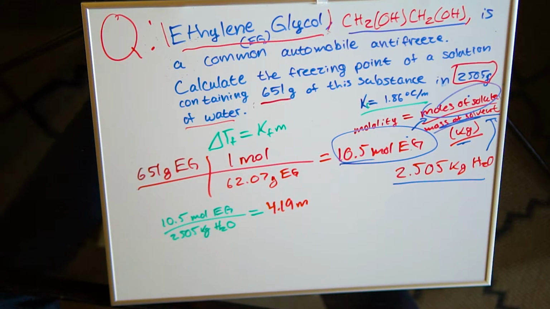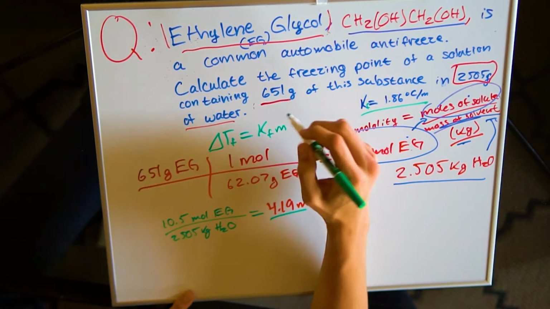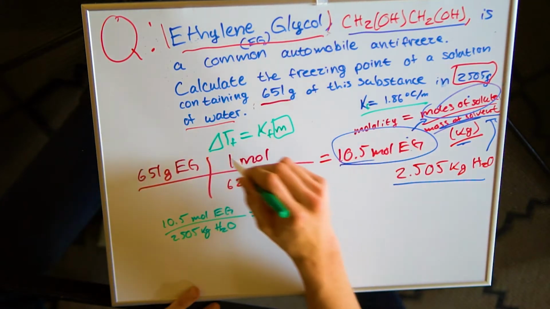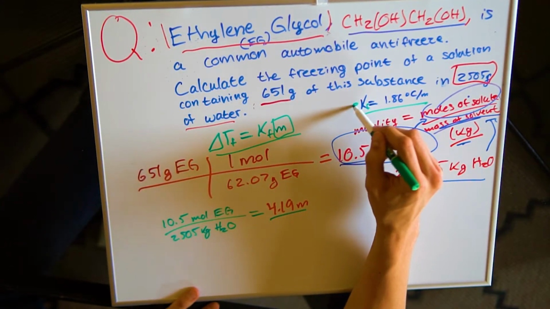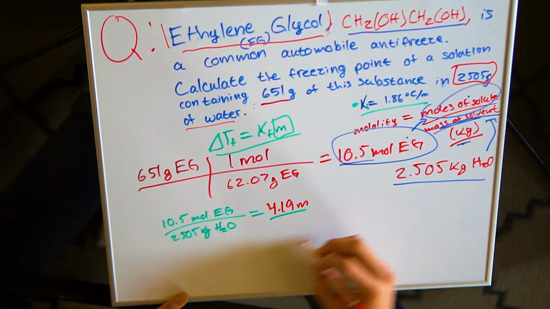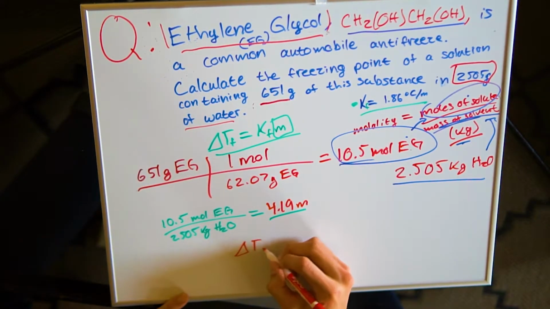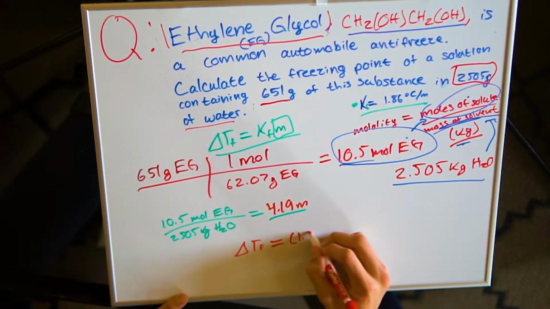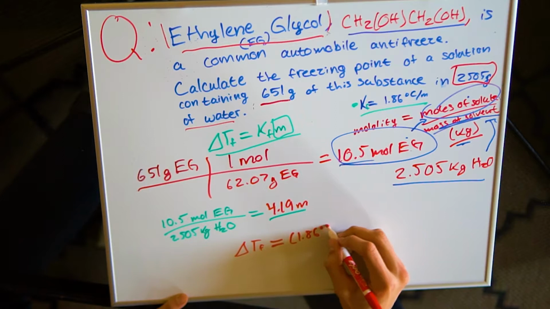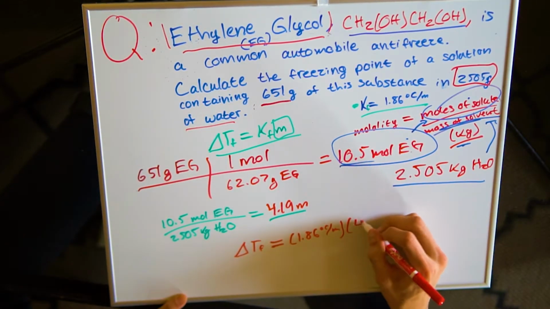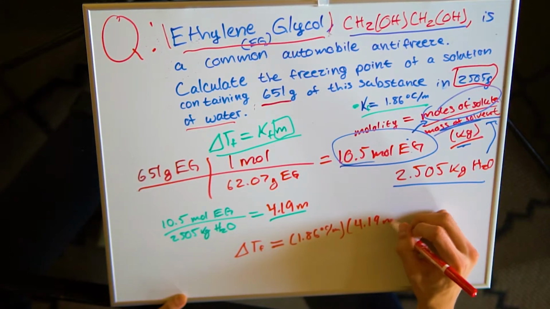molality. Alright, so now that we have our molality, all that's left to do is plug it into the equation with our Kf. So we're going to have delta Tf, freezing point depression, it's going to be 1.86 Celsius, just get units in there, times our 4.19 molality.